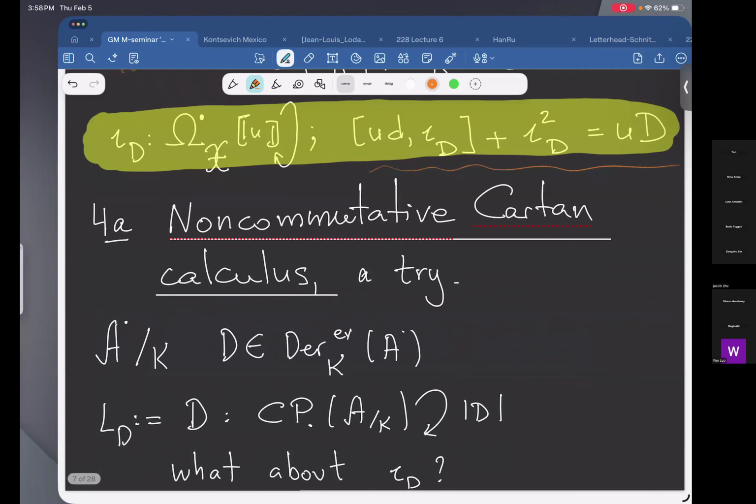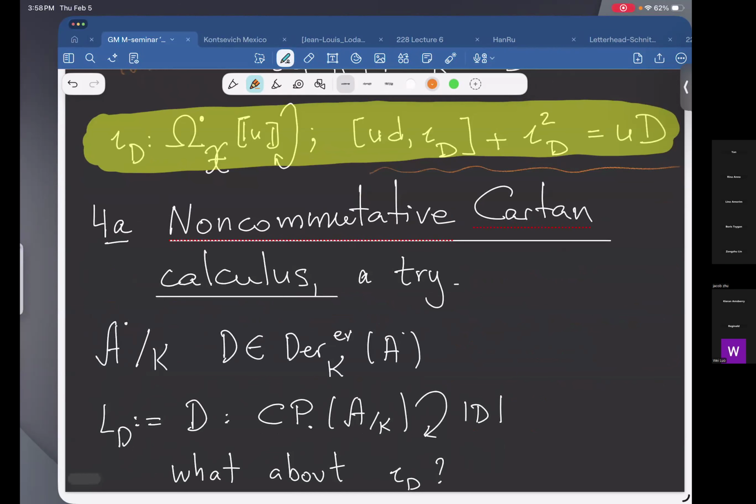Okay, in non-commutative differential calculus, what should we expect? So first of all, let me recall what they are. So let me just say that this is the periodic cyclic complex.